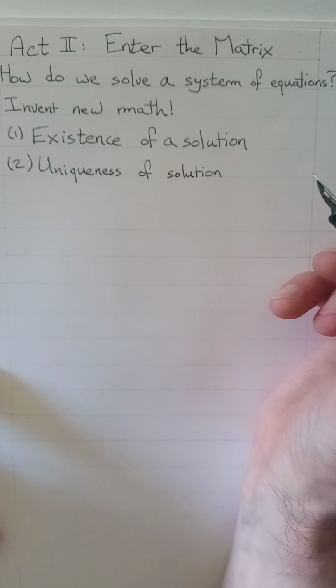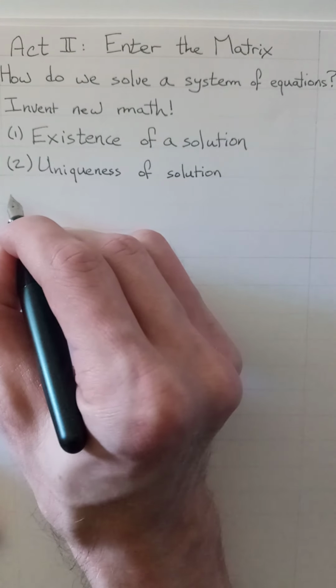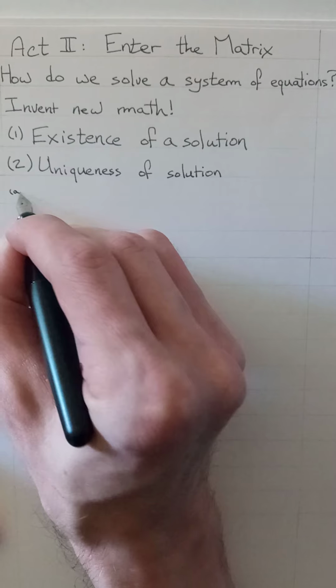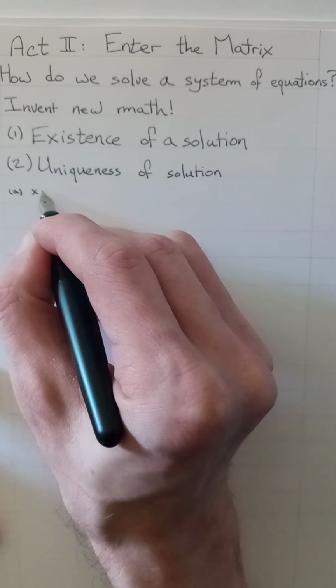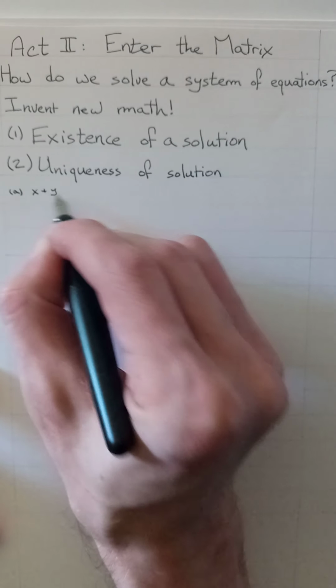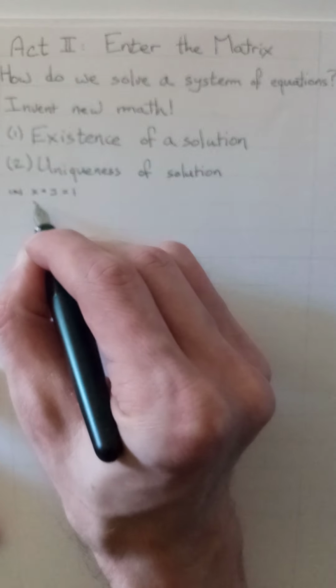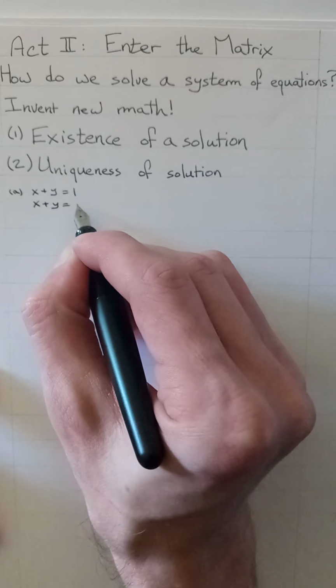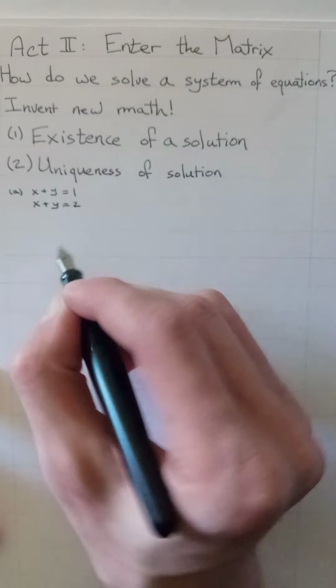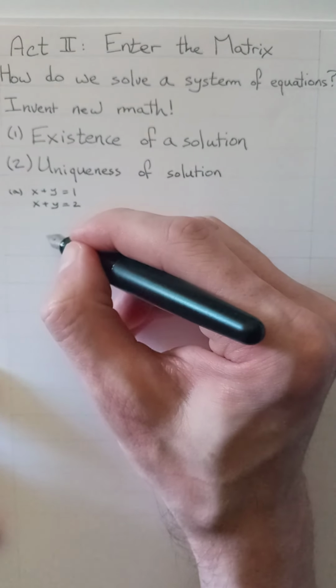So, just to review some of the cases, case A, consider the system x plus y is equal to 1, and x plus y is equal to 2. So, what does this look like?